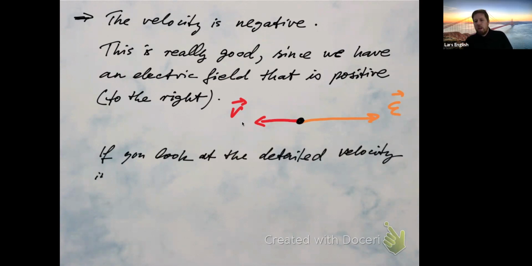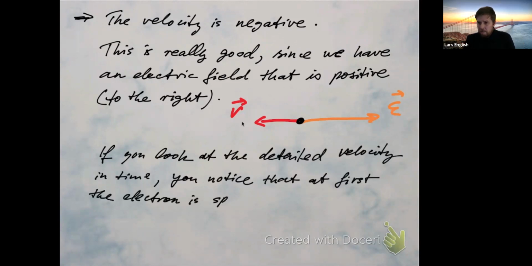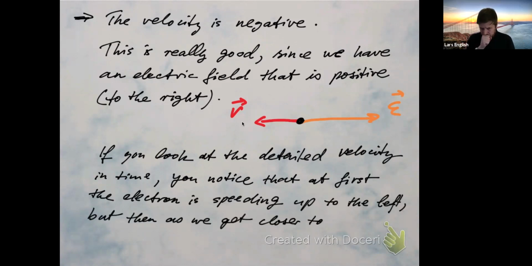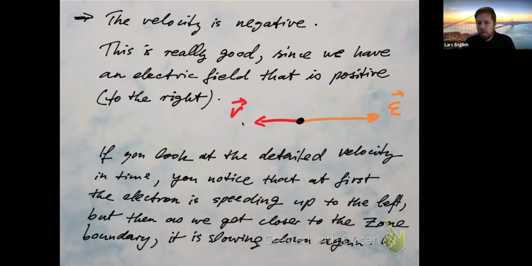Okay. So if you look at the detailed velocity in time, how does the velocity evolve in time? You notice that at first the electron is speeding up to the left, but then as we get closer to the zone boundary of the first Brillouin zone, it's slowing down again.